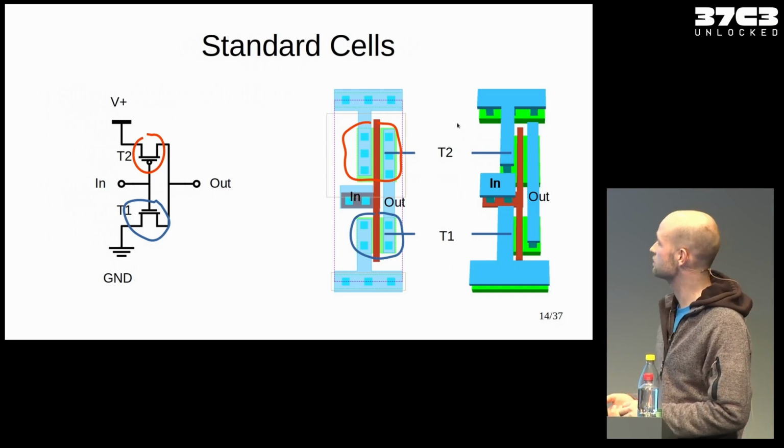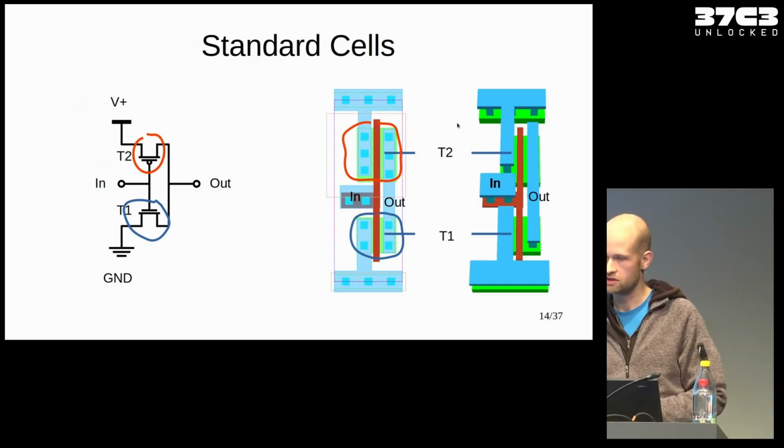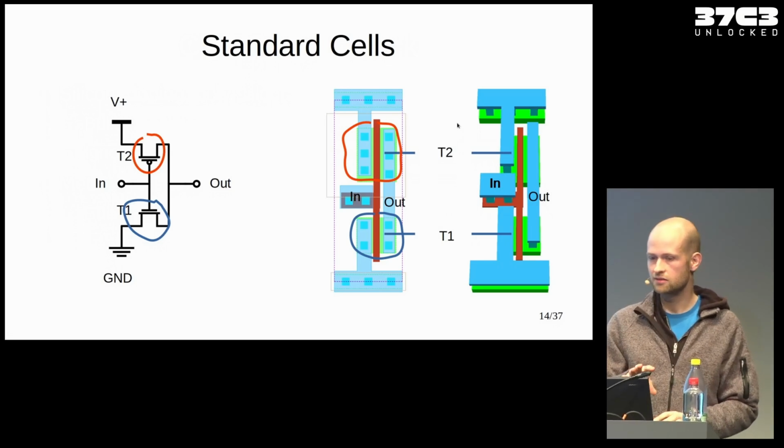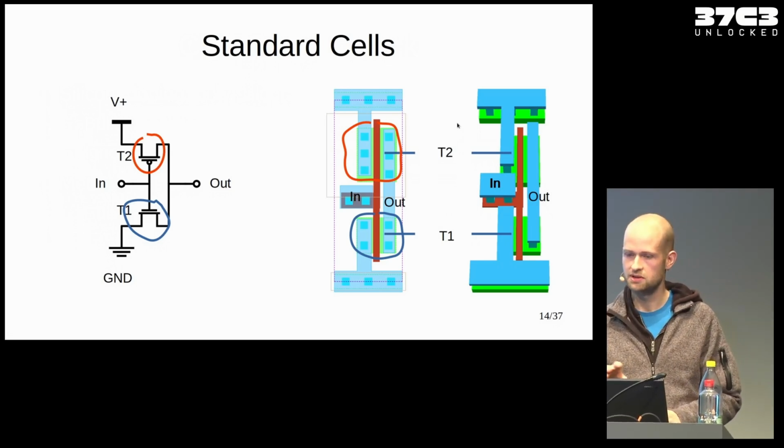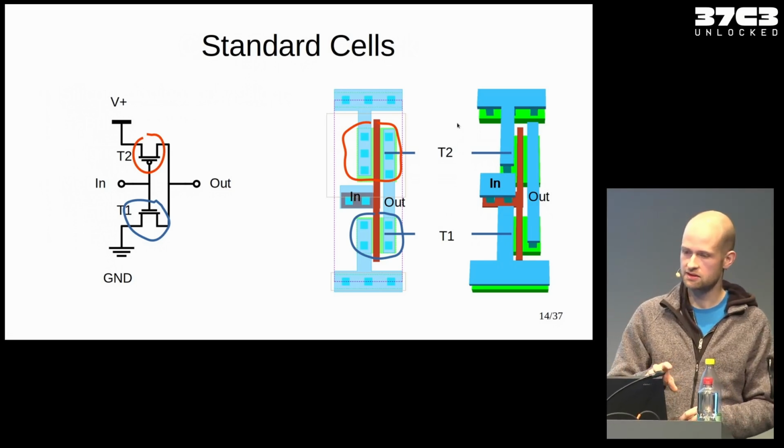Therefore, here on the right there's also a 3D representation. And you see more or less a one-to-one mapping between the schematic and the layout. For instance, you can see both transistors, you can see the wires, the pins, and the pins is where you connect to the gate in the end.